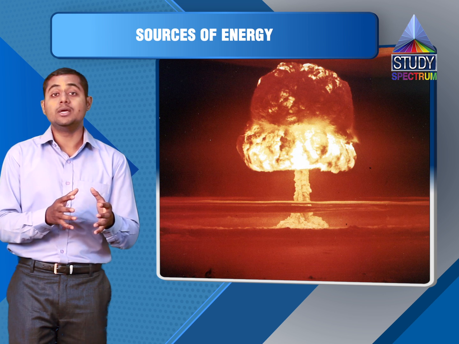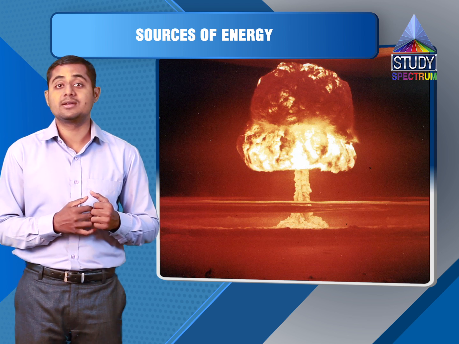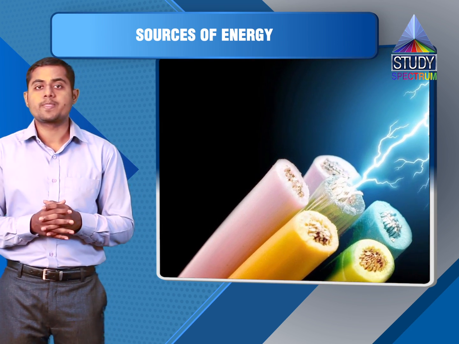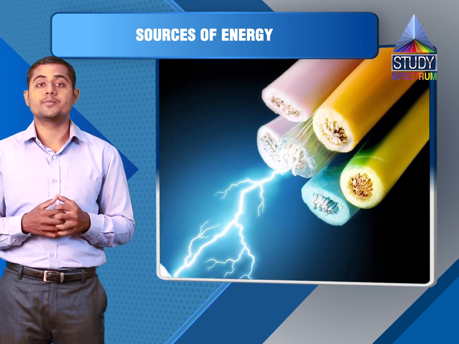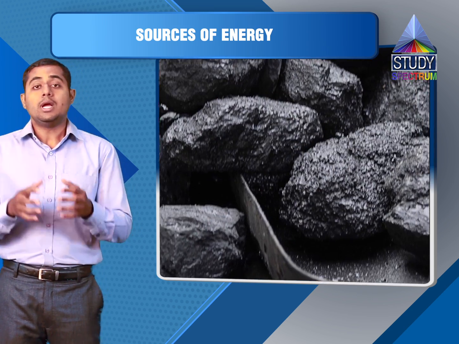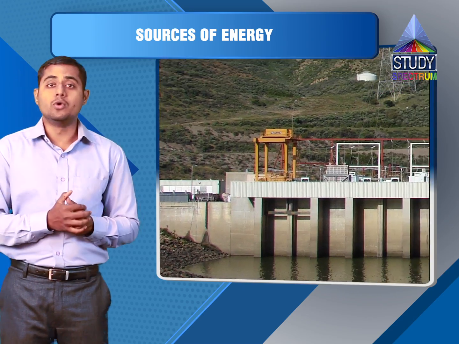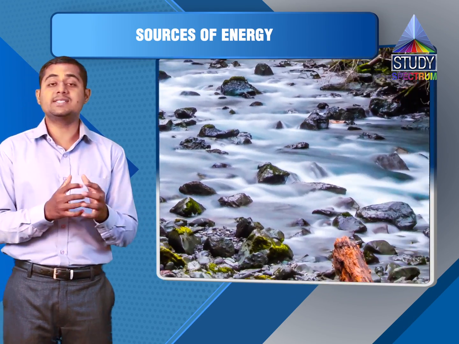Utilizing this heat energy, we create electricity. In general, in electricity generation power stations, for creation of the heat we use coal. At a hydroelectric power station, we utilize water flow to rotate the turbines to create the electricity.